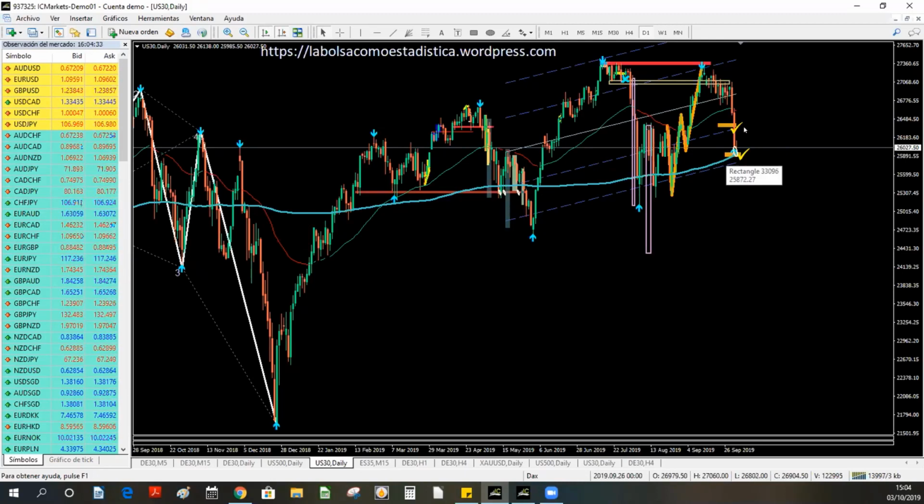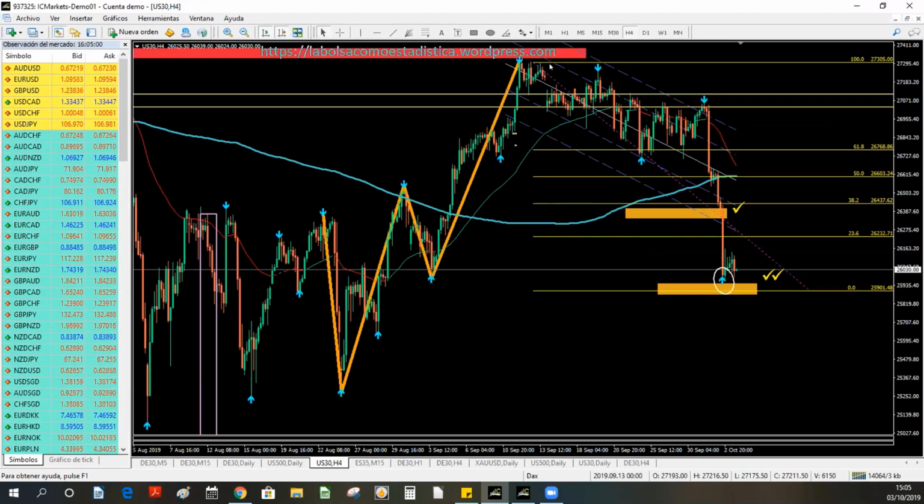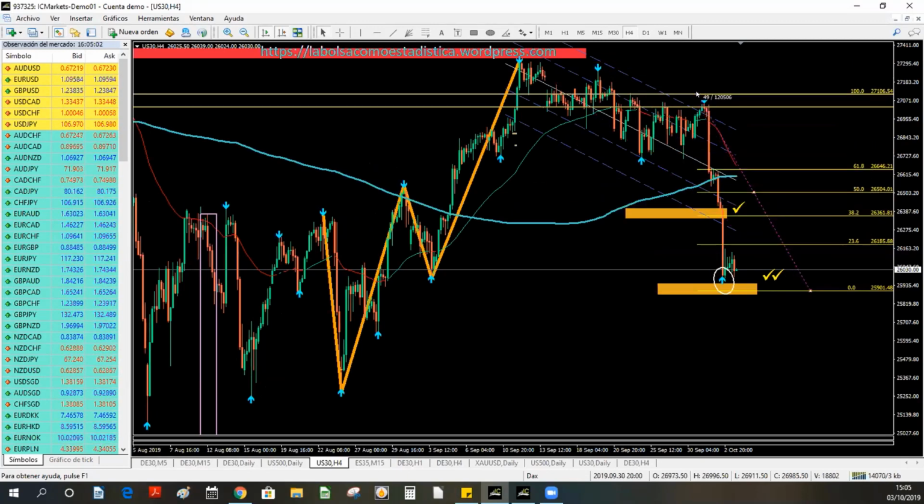If the price is being up on this moving average, we cannot be comfortable with shorts, but any lower high below this area will be a great opportunity to short again to attack the 200 moving average. If we combine it with Fibonacci from here, or in 4 hours from here, the area to reject, I don't know if I can draw.